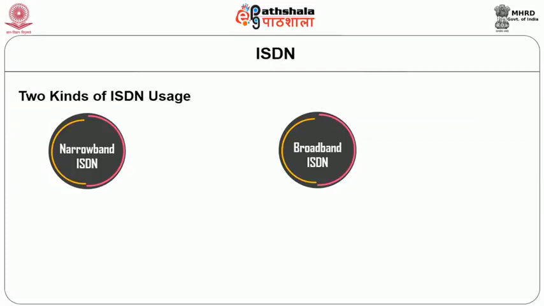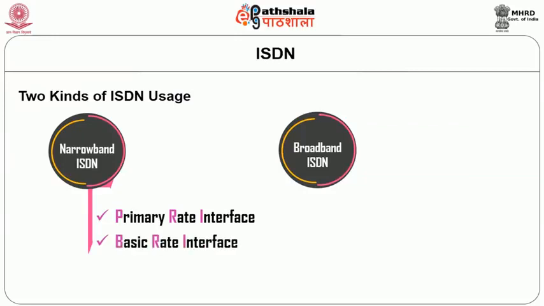So B-ISDN and N-ISDN. So generally this narrowband ISDN uses two kinds of connectivity. That is, one is called PRI, that is primary rate interface, other is BRI. And in broadband, it is established by using ATM. So ATM we'll discuss later once we go through the basics of ISDN.